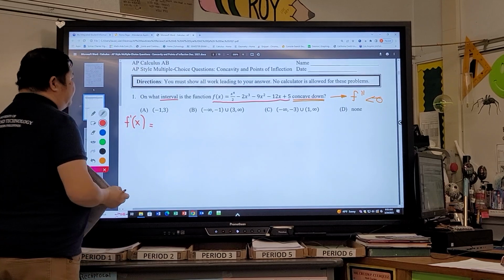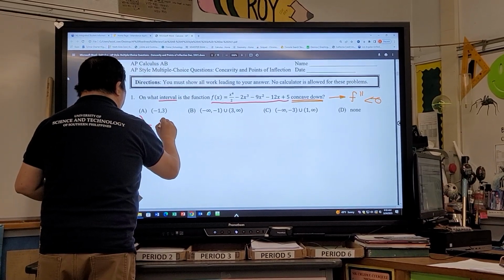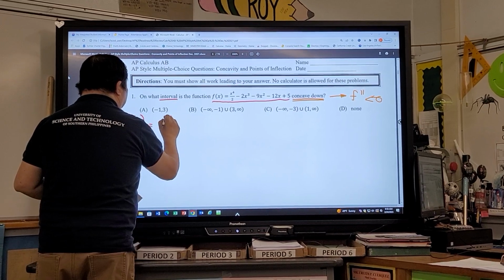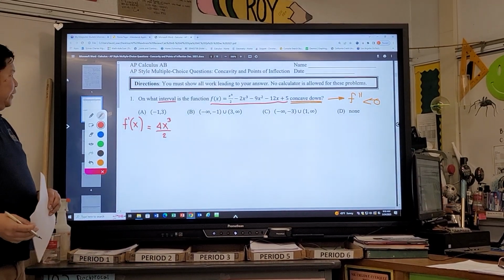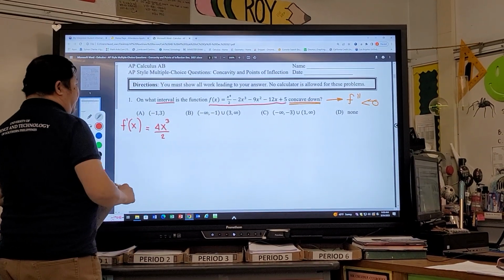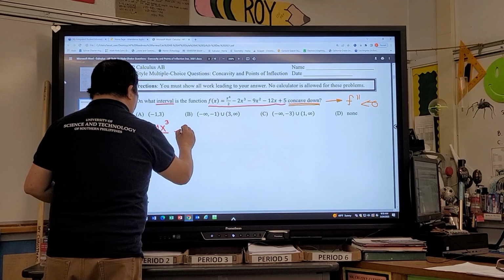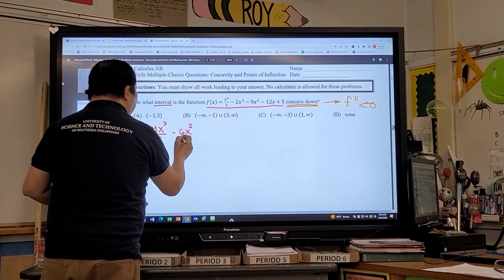So you have power rule, so 4x to the power of 3 over 2. Alright guys, this is the first thing. And then the derivative of negative 2x cubed, we have negative 6x squared.